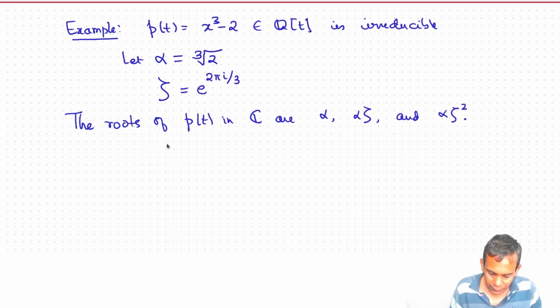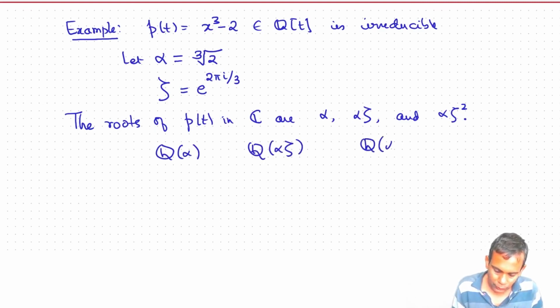So we have three fields: Q(alpha), Q(alpha zeta), and Q(alpha zeta squared).